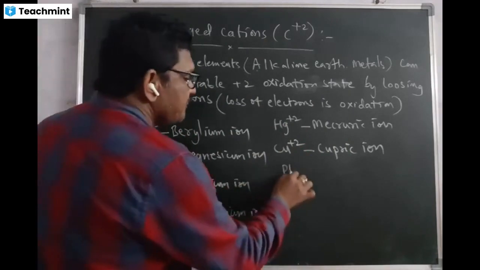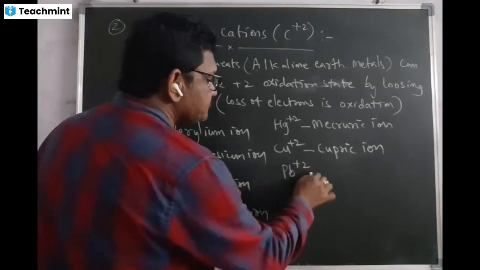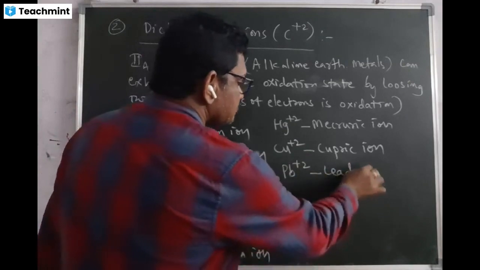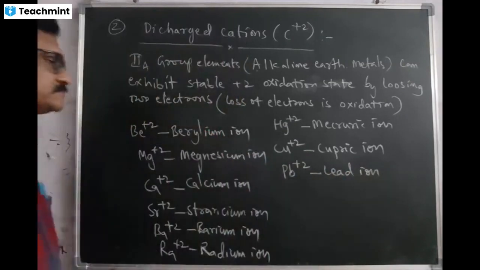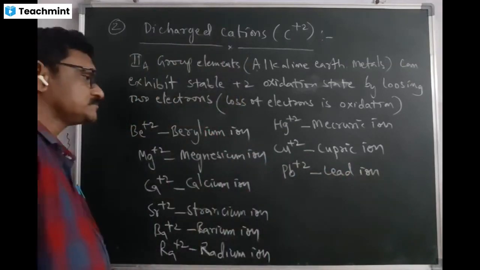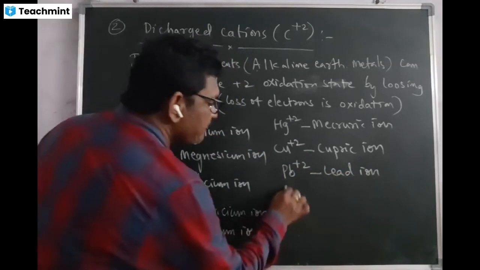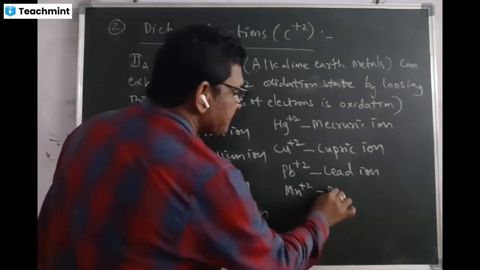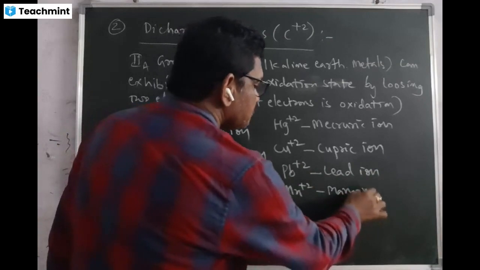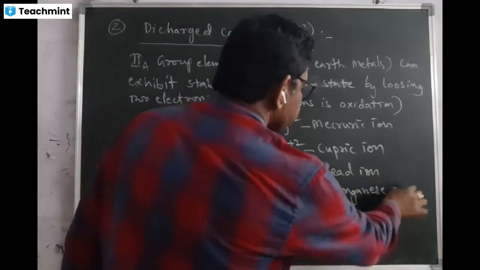Okay? Pb+2, this is lead ion. Mn+2, manganese ion.